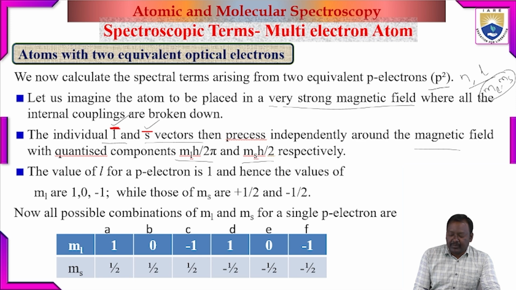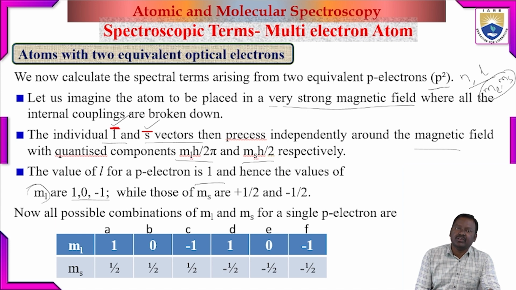So in general, for a p electron, the value of L is 1, so that the orbital magnetic quantum number ml can be taken as 1, 0, minus 1.